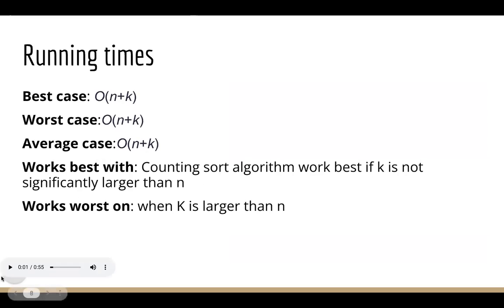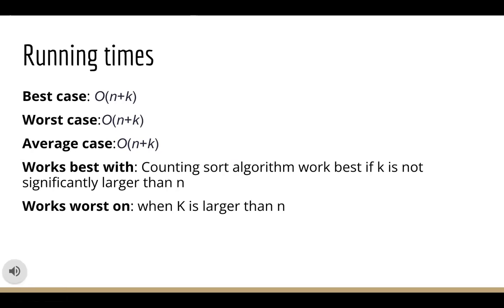In here, I will be discussing the running times for counting sort algorithm. As we can see on the slide, the best case is O(n plus k), the worst case is O(n plus k), and the average case is O(n plus k). That is because the time complexity of counting sort algorithm is O(n plus k), where n is the number of elements in the array and k is the range of elements.